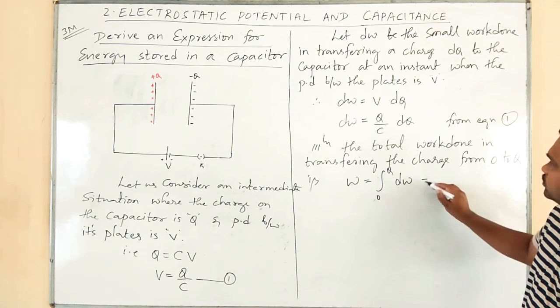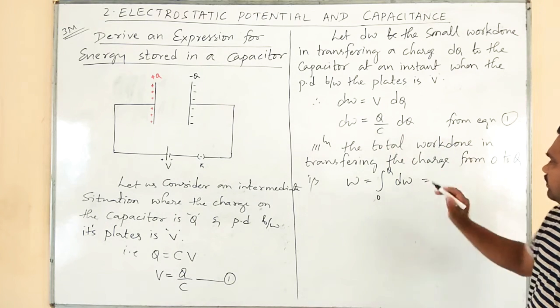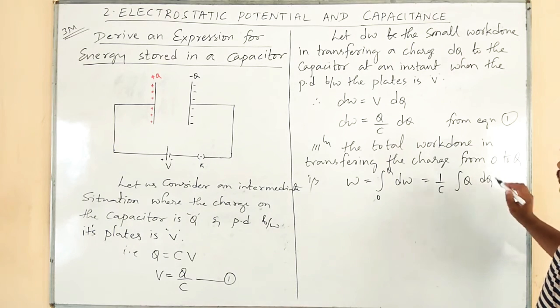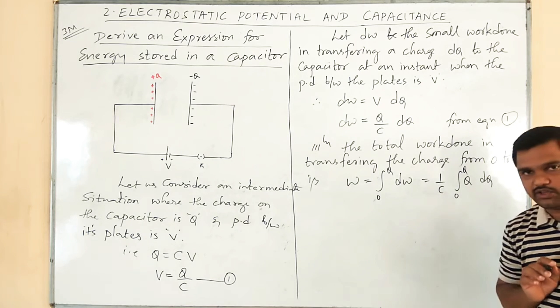The value of dW is Q upon C dq. So I will take 1 over C outside. It is integral of Q dq within the limits 0 and Q.